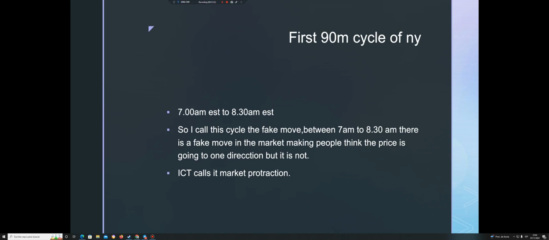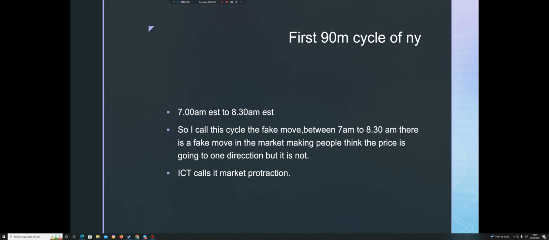Of course, like I told you, this is not always going to happen like this, but most of the time, I promise you, go and check and study the charts. Most of the time, a fake move on the pre-New York is going to happen.